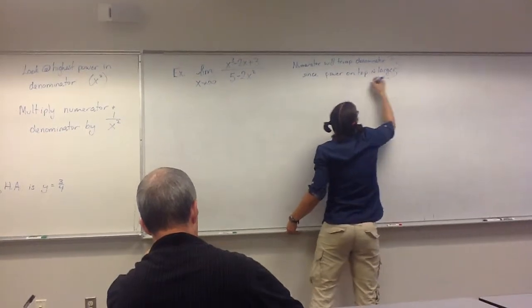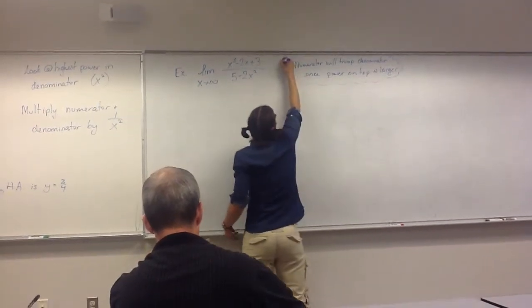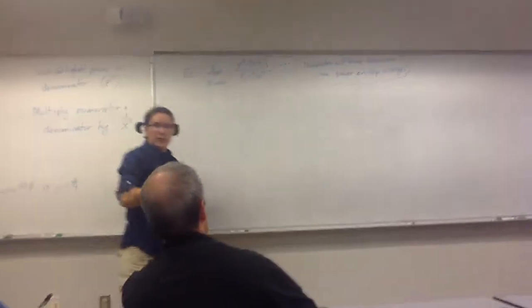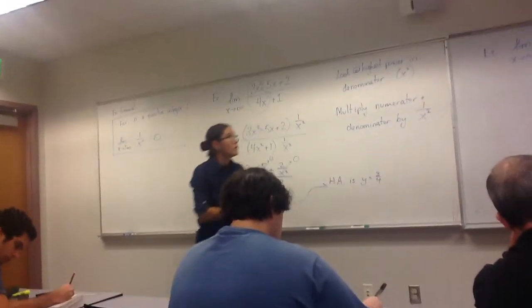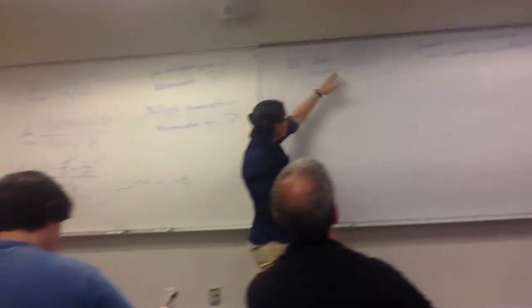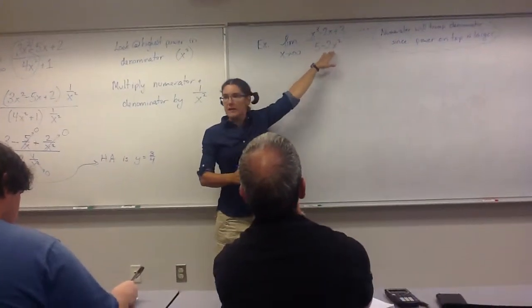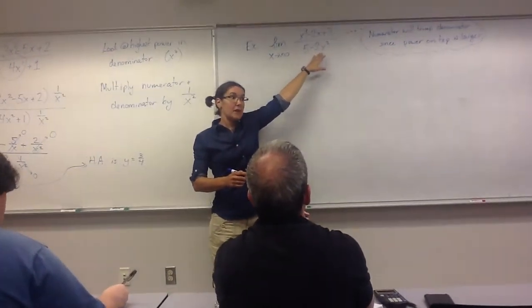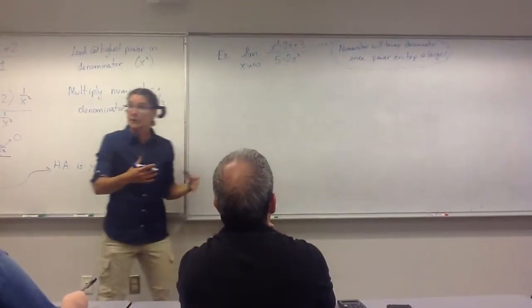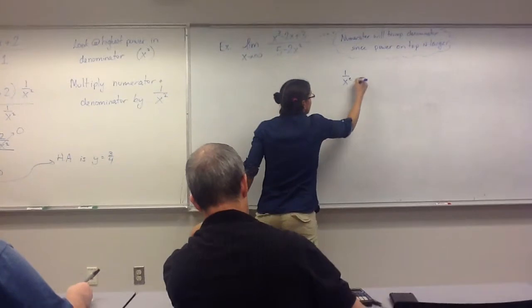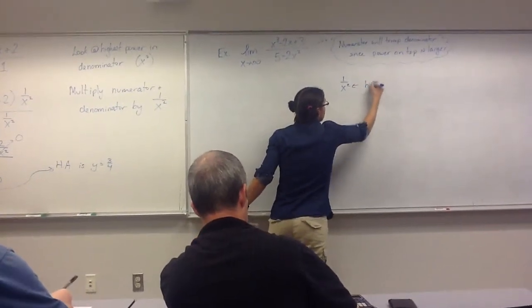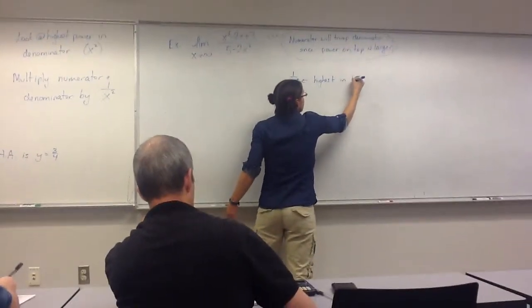So this is my thought bubble on this, and hopefully when we do the algebra, we'll end up getting this same answer in the end. Okay, so when I look at this, I want to focus on my denominator, and my highest power in my denominator is squared. So when I multiply, I want to multiply by 1 over x squared, because that's my highest power in the denominator.